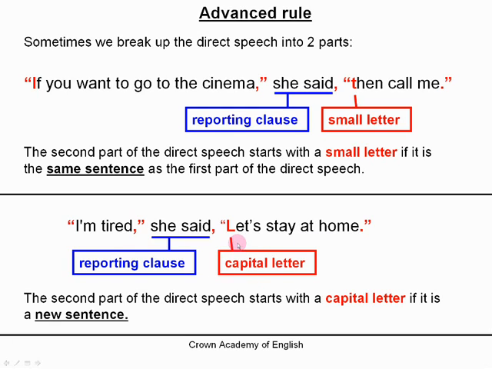So capital letter L. And it is because "I'm tired" is a complete sentence and "let's stay at home" is a new sentence. Okay? So we start with a capital letter.